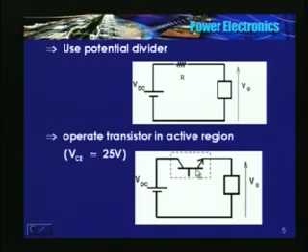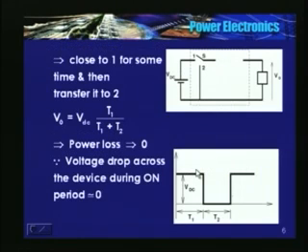Okay. Now what could be the third option? See, for some time I close the switch to position 1, and for some time I close the switch in position 2.